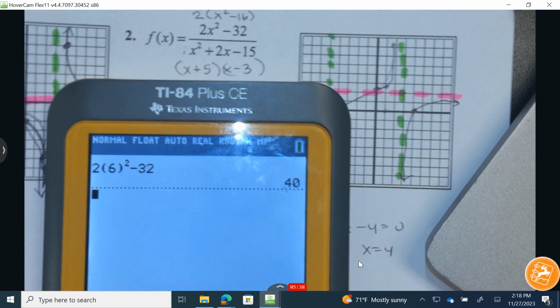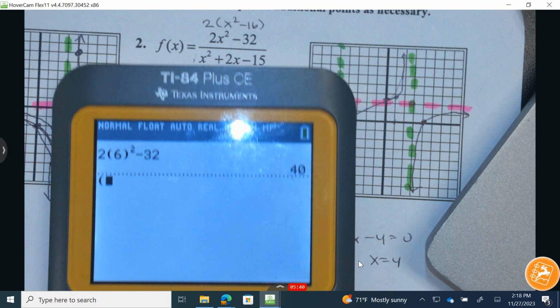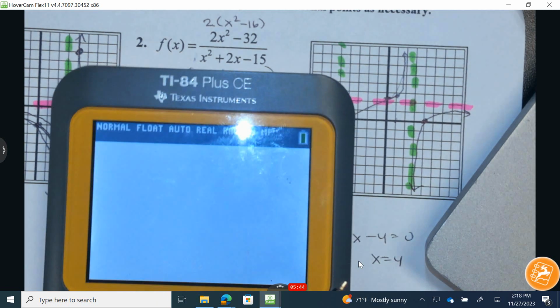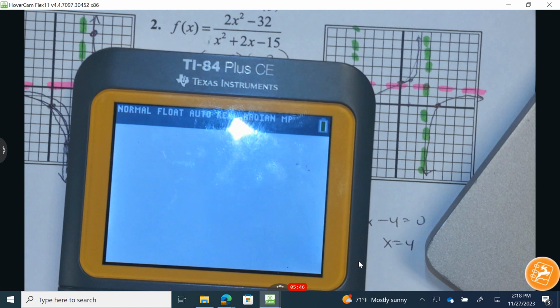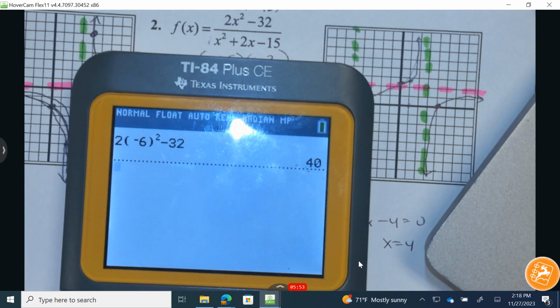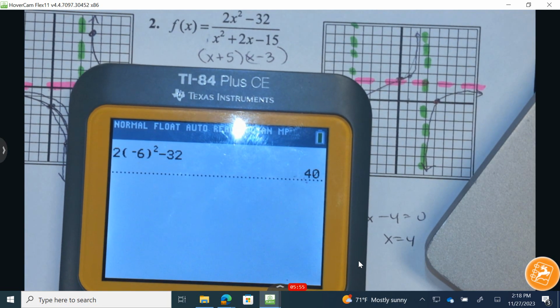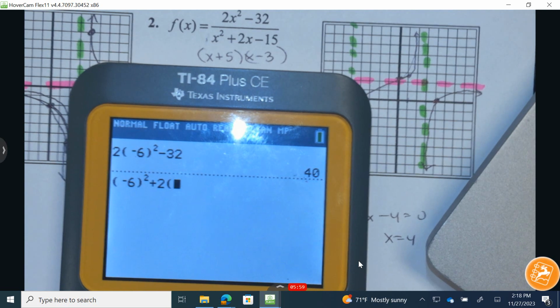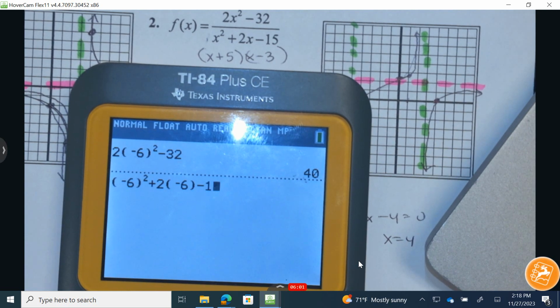And then in my denominator, you know what? I meant to plug in negative 6. Let me go back. It won't make a difference for the numerator, but in the bottom it would. So 2 times negative 6 squared, subtract 32. That's my numerator. And then in the denominator, I have negative 6 squared plus 2 times negative 6 minus 15.